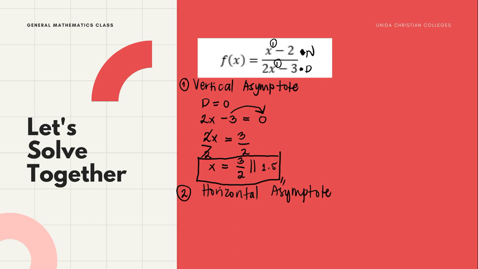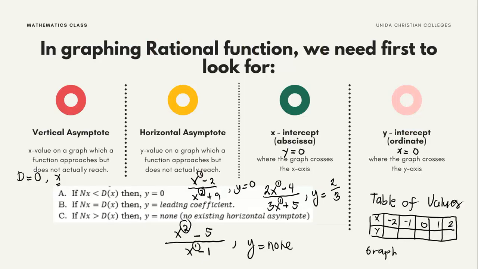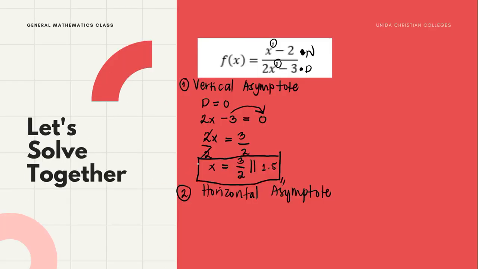So saang letter po sila pasok doon sa rule? Balikan natin yung letter. 1 yung numerator, 1 yung denominator. So it means that the degree of your numerator is equal to the degree of your denominator. So letter B. Ano daw magiging y mo? Y will be the leading coefficient.